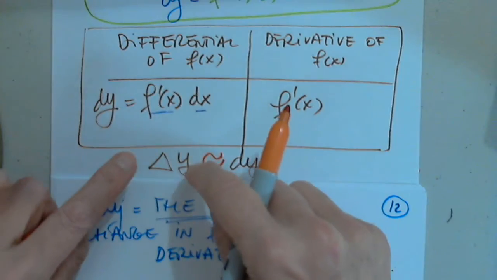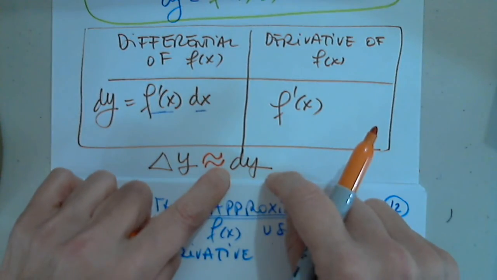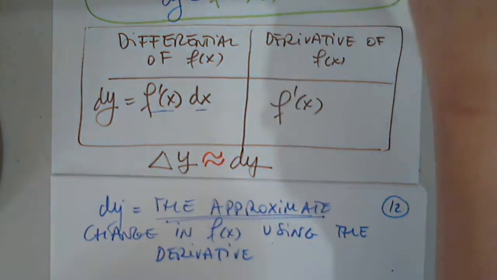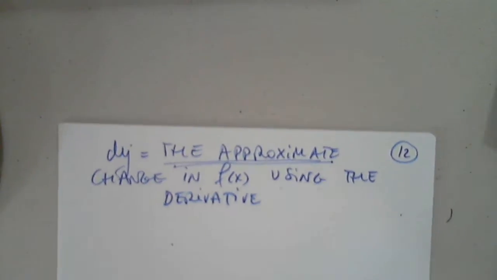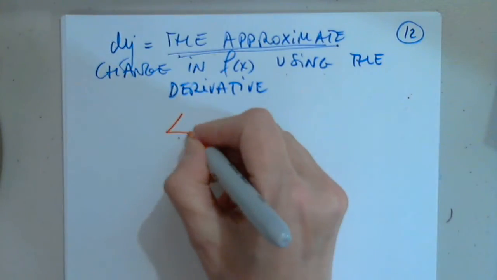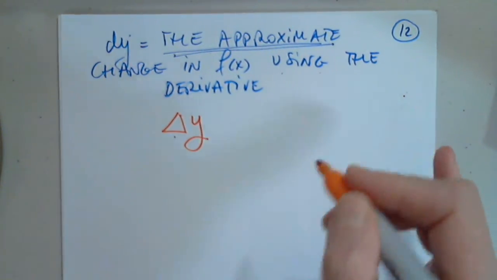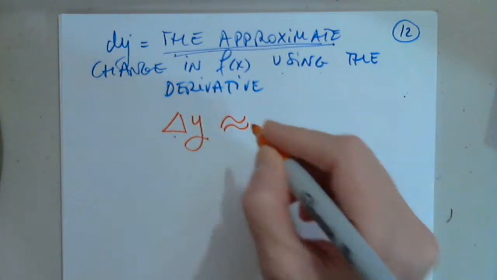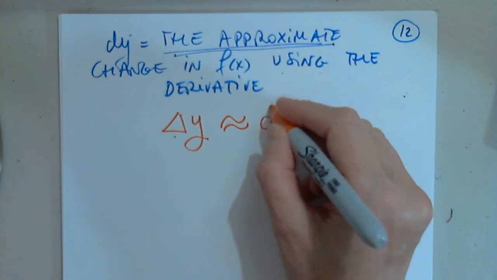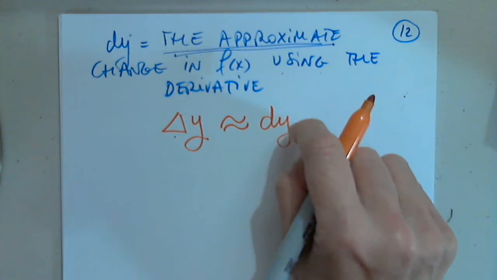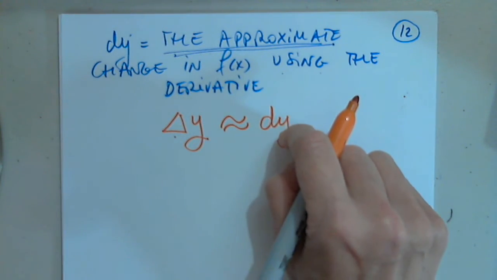Okay, now I'm going to copy the definition of this, and I'm going to copy the definition of this and show you a little trick, and then we look at an example. So one more time, the exact change in the area, that example that I gave you, is approximately close to the approximation.